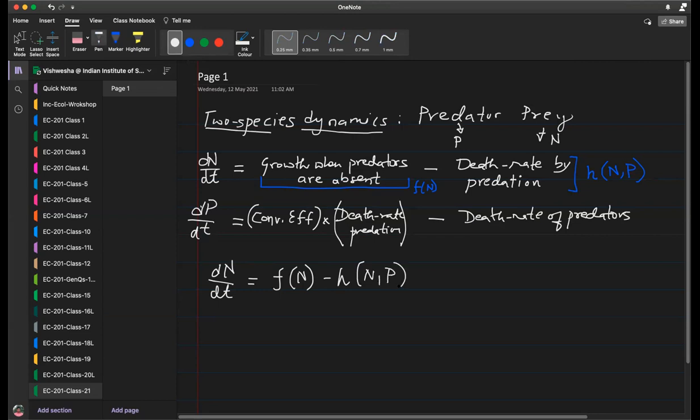So I'm initially just writing the notations. Here, h actually comes with some conversion coefficient. What symbol shall I use?